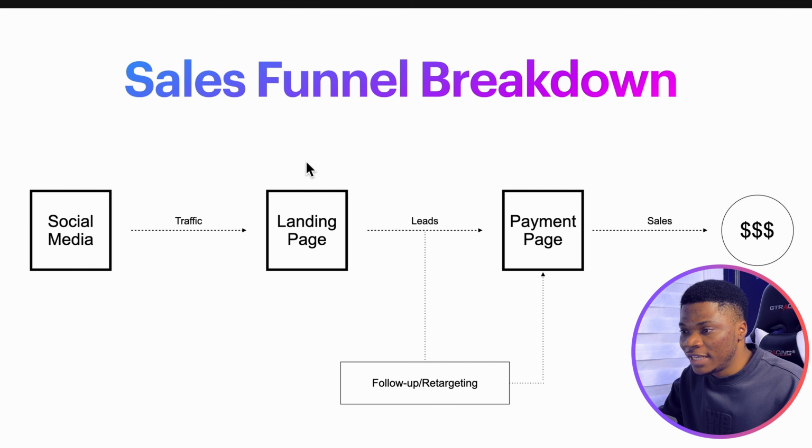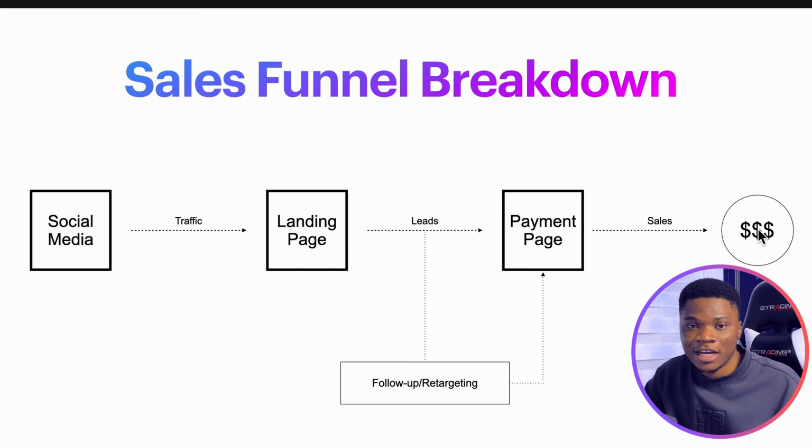Usually you have less and less people moving from one step to another. So let's say if you get 100 people from Facebook ads to your landing page, maybe only around 50% of that, maybe 50 people will get to the payment page, and then on the payment page, maybe around just 10 people will complete their payment.